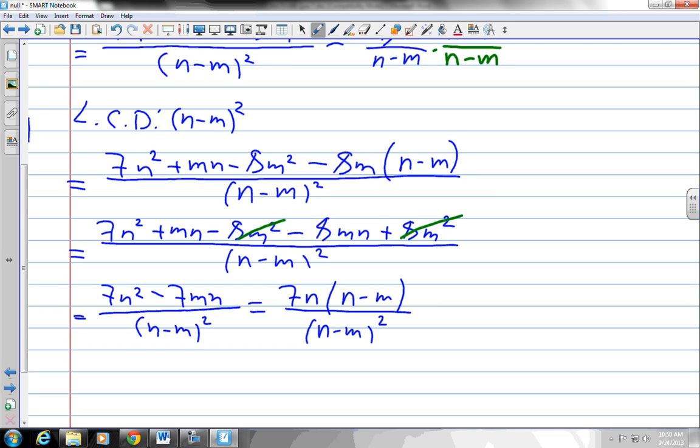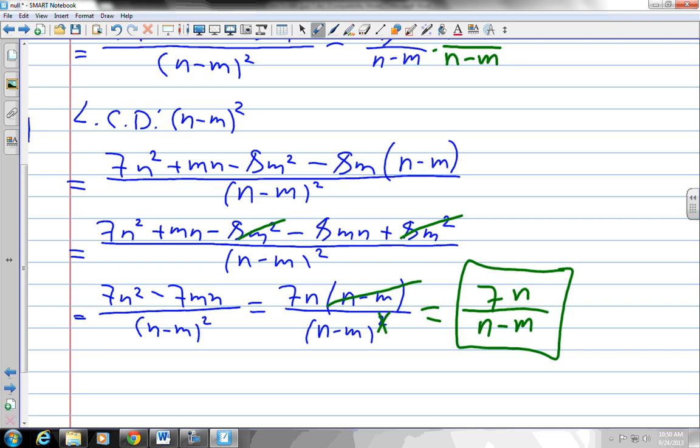That tells me that I can cancel one of those n minus m terms. That entire factor goes away. So n minus m cancels with one of those, which leaves me with 7n over n minus m. And that's it.